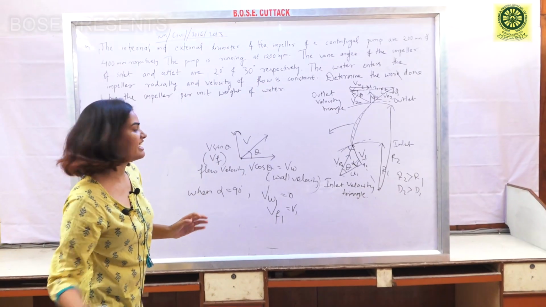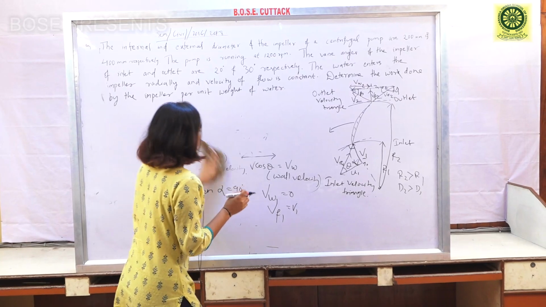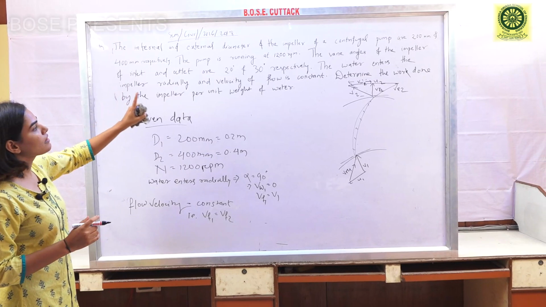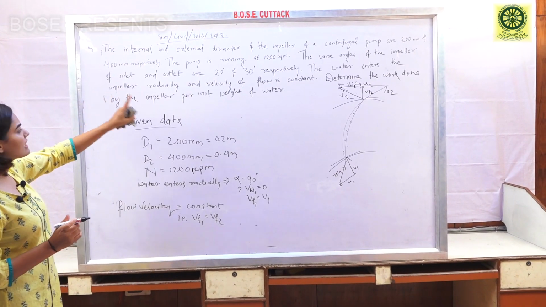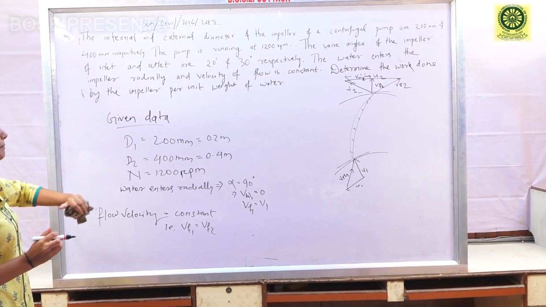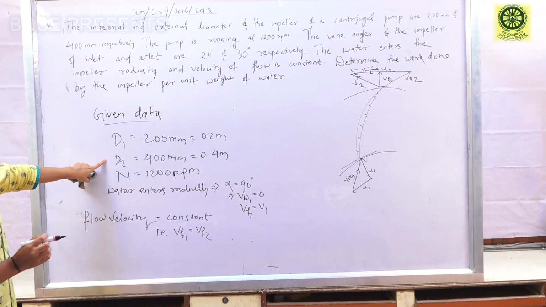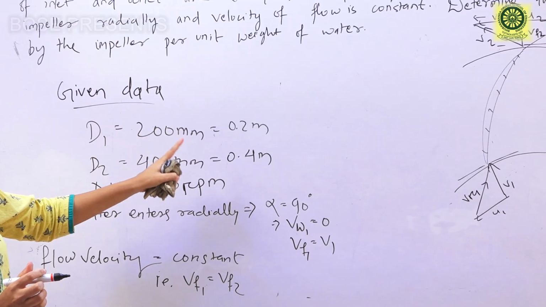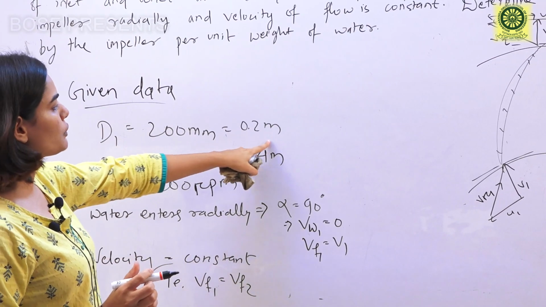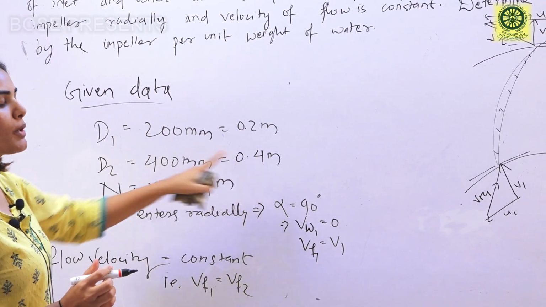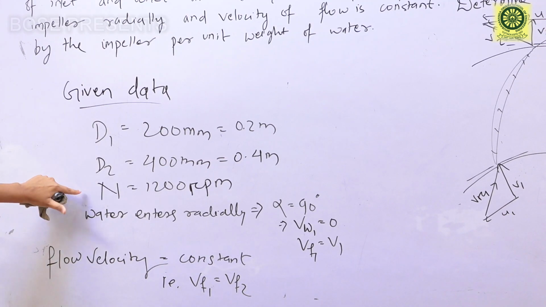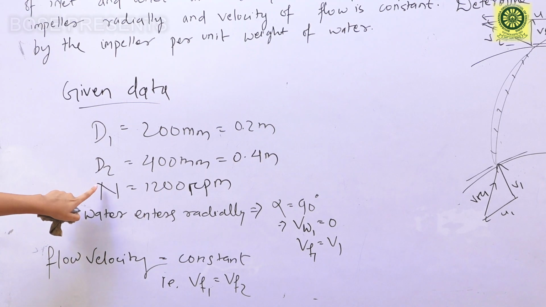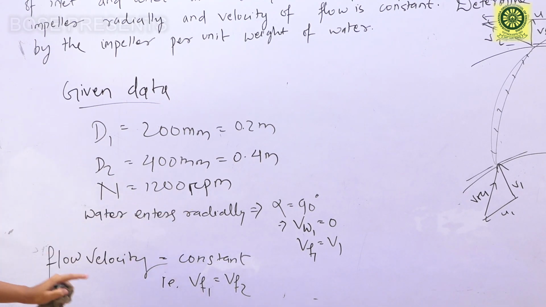Let's come to the given data. What is given in this question? The internal and external diameter of the centrifugal pump, D1 and D2, are given as 200 mm and 400 mm. If you convert it into meters, we will get 0.2 meter D1, 0.4 meter D2. Again, the pump is running at 1200 rpm, that is N is given as 1200 rpm.